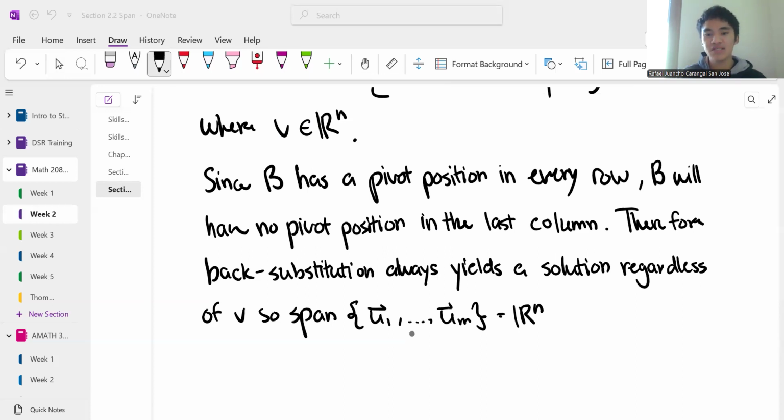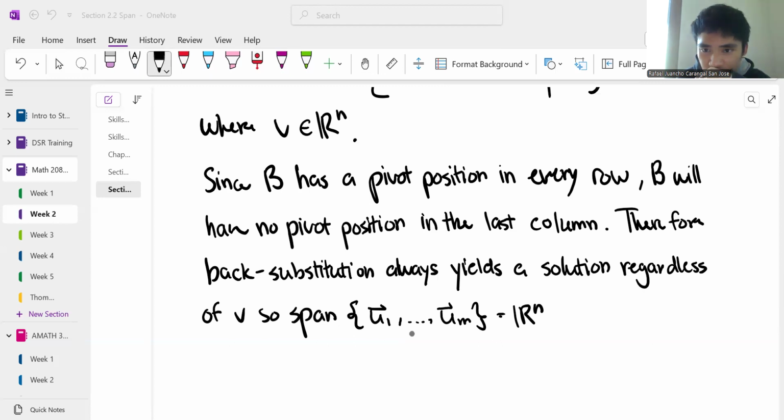Now, suppose B does not have a pivot position in every row. It's still an echelon, right? Which implies the last row of B is zeros. And since the last row of B is zeros, corresponds to a system with no solutions.